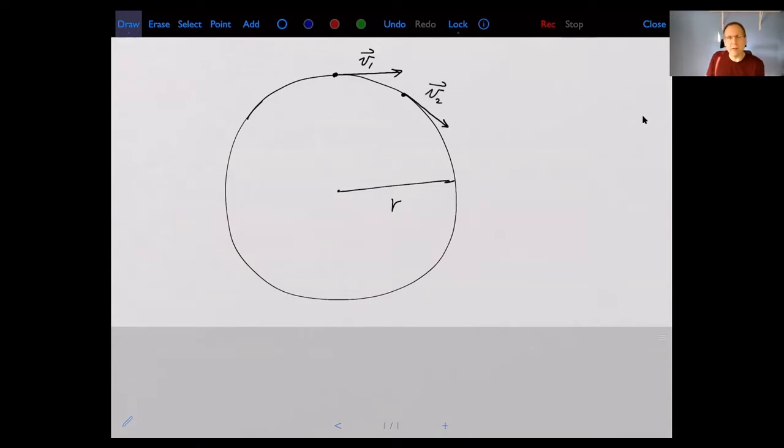And when I say it's traveling at a constant speed, it means that the magnitude of those velocities is the same. It's constant. So the length of v1 and v2 are always going to be equal. So remember, the definition for average acceleration is equal to change in velocity over change in time.